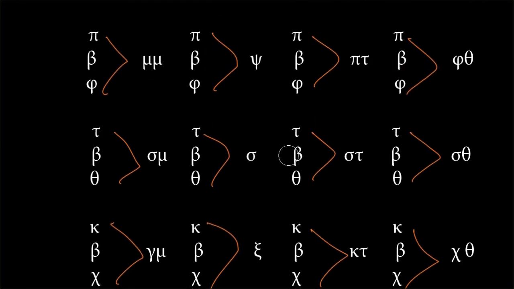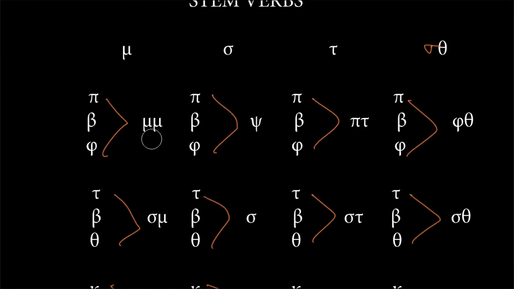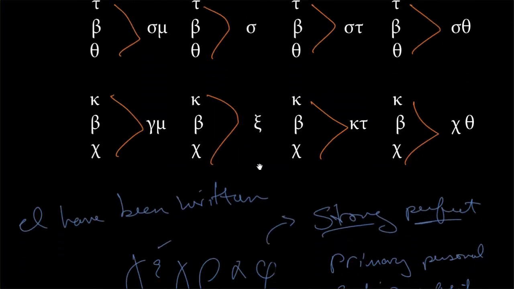That's what these rules were. When we have a phi followed by a mu, we're going to get a double mu. When we have a phi followed by a sigma, we'll get a psi. A phi followed by a tau, we'll get a pt. We've seen this throughout now, and that's exactly what we're going to need to apply here.